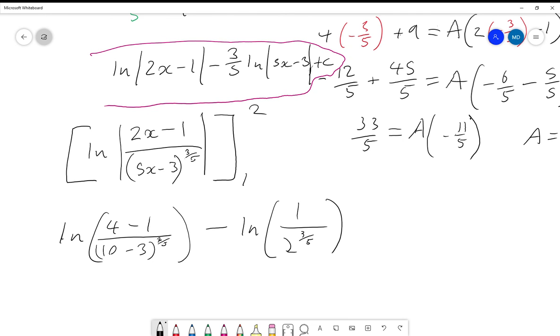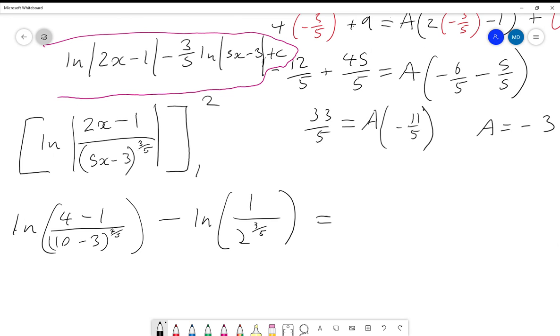And we're going to write this as an exact value. So what do we get? We get the natural log of 3 over 7 to the 3/5 minus the natural log of 1 over 2 to the 3/5.